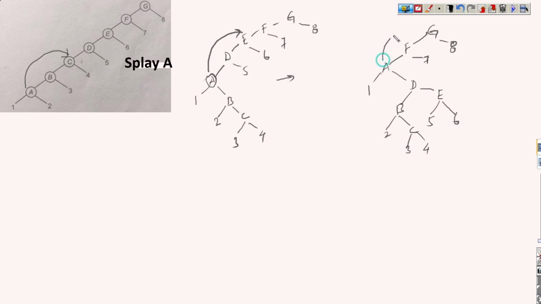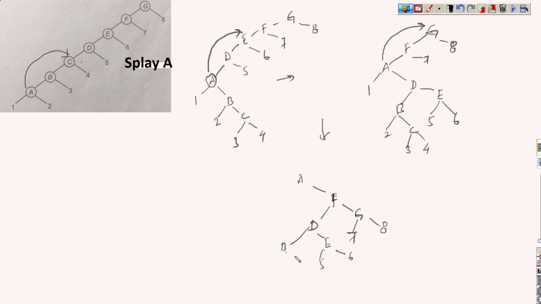Now the A should go here. Let's see what structure we get. So we'll get A, then F, then G. Now the right becomes the left of G, and the right of A becomes the left of F, that is D, E, 6, 5.